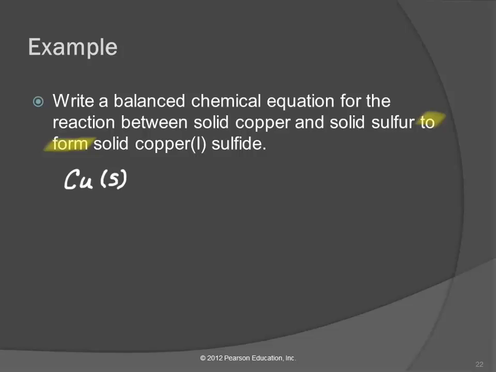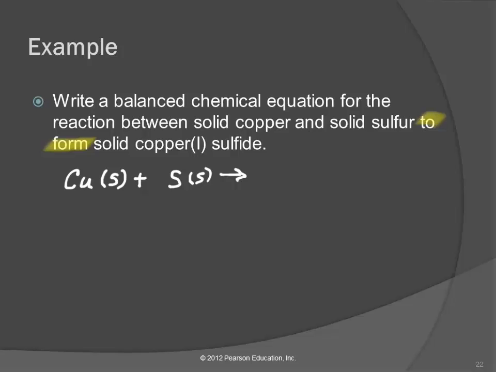So that's one of the reactants, and that reacts with solid sulfur. I'm going to leave a space there in case I need to put a coefficient in. If you write them all scrunched up close together, then you're going to have a mess on your hands. So sulfur has the element symbol S, and then you ask yourself, is that one of the 7 diatomic elements? And the answer is no. So that's just S, and that has a lowercase s in parentheses afterwards. Then we have the arrow, and this is forming solid copper 1 sulfide. Okay, so now we're going to have to write a formula.